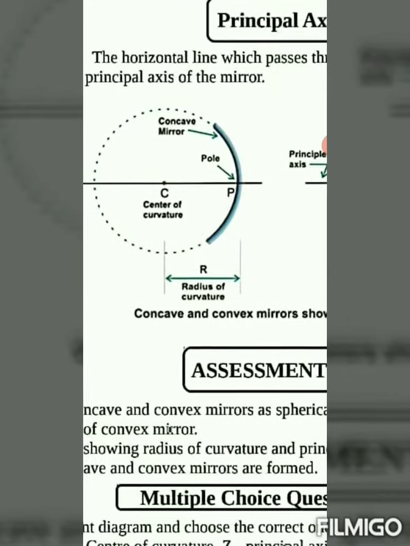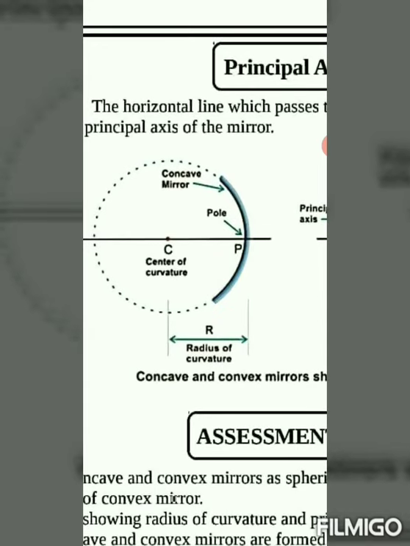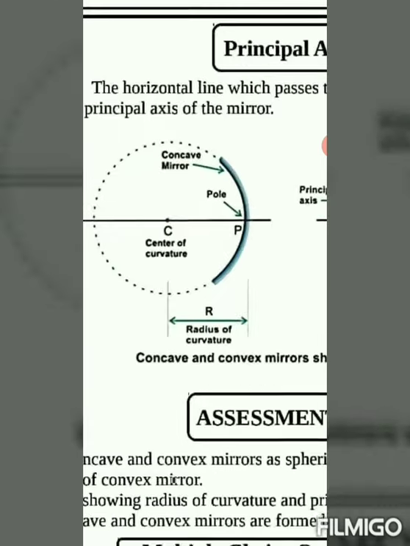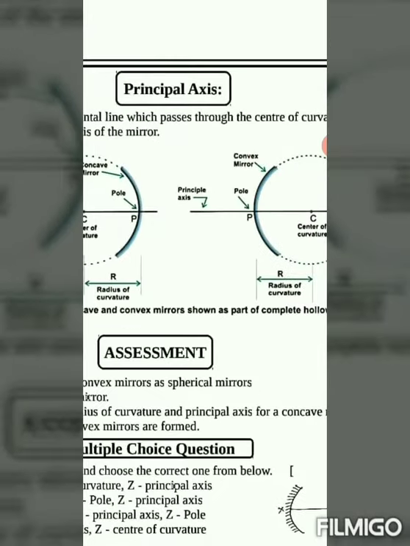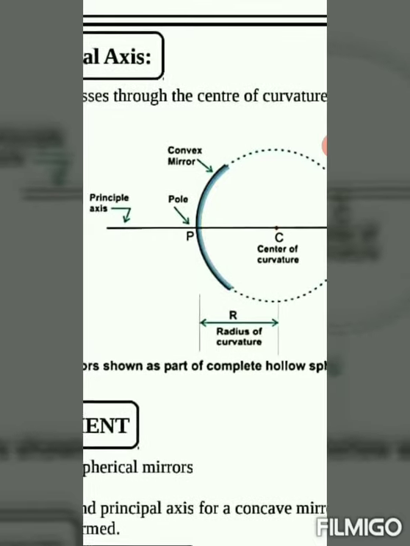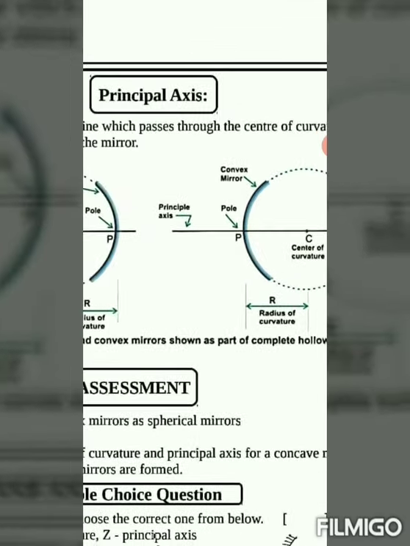So here in this diagram you have to observe that the mirror consists of two colors. Got this point? One inner seems to be black and the outer seems to be blue color. In this also same thing, the inner is blue color and outward is black color. Clear children?